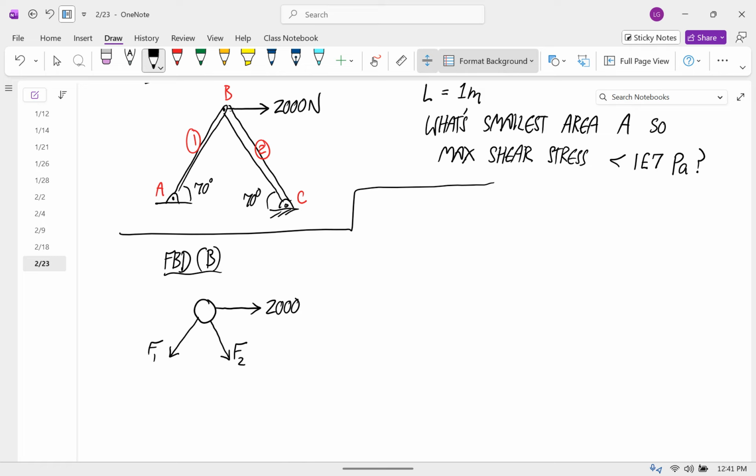And so now I'm going to go to Newton's second law. We have F1 times a unit vector in the direction of that arrow, which would be negative 0.342, negative 0.940.